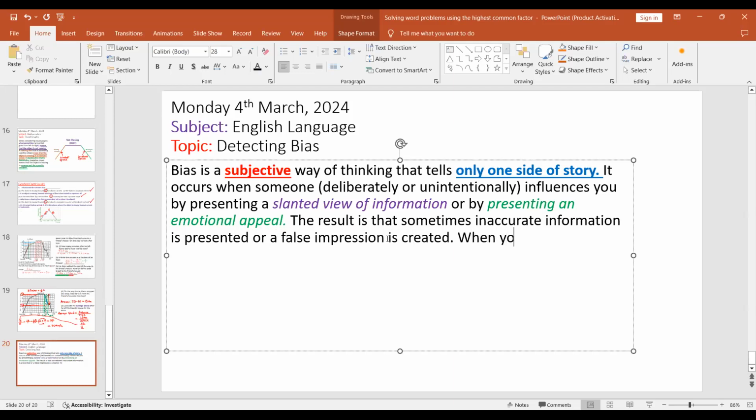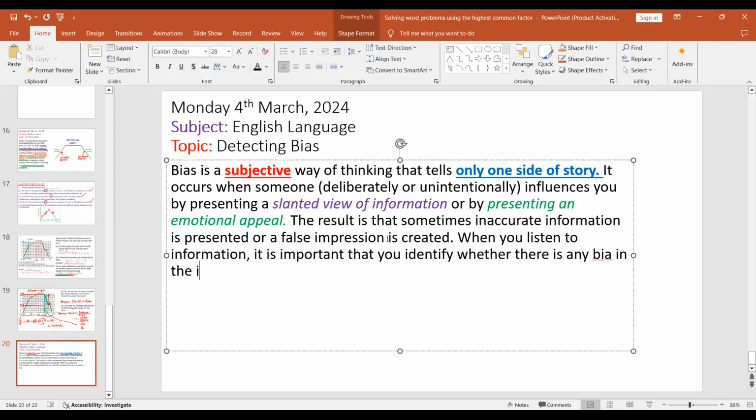When you listen to information, it is important that you identify whether there is any bias in the information.